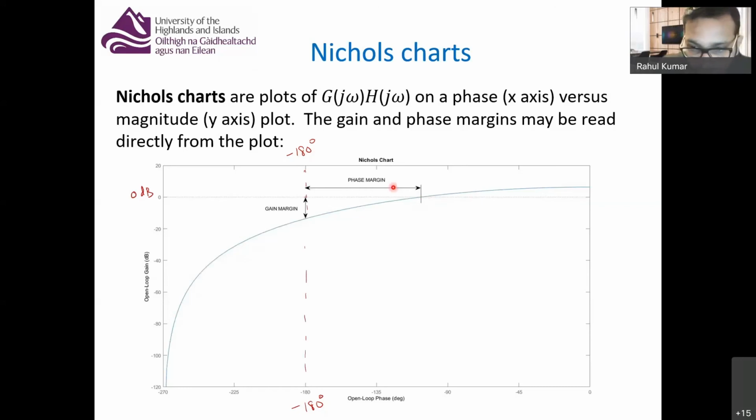And from the 180 degree line we measure this difference, from the 0 dB line to where this Nichols chart is cutting the 180 degree line. If you measure this distance, it will give you the gain margin, right? So this is the 0 dB line and this is the 180 degree line. That will give you the gain margin.